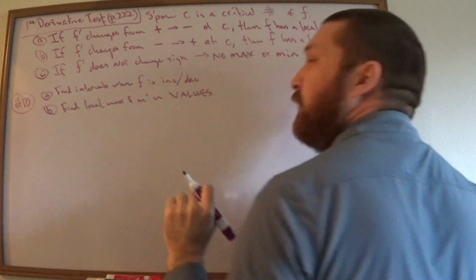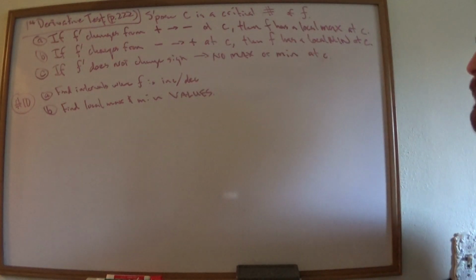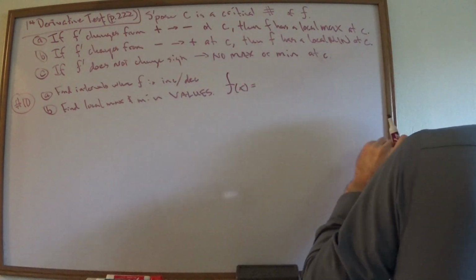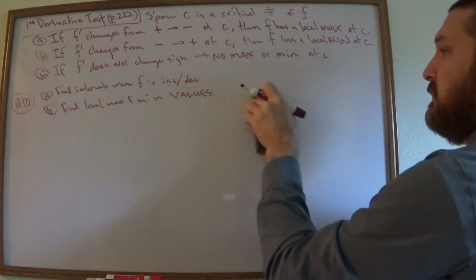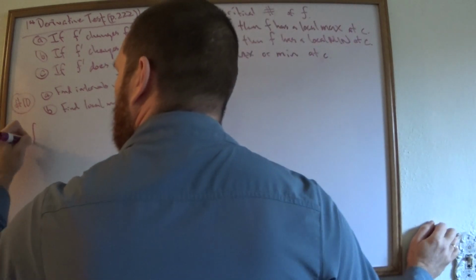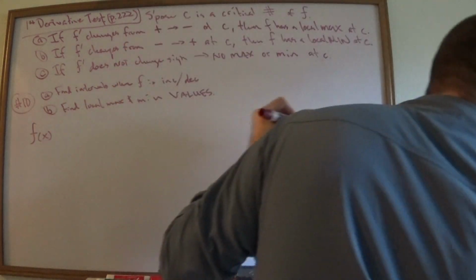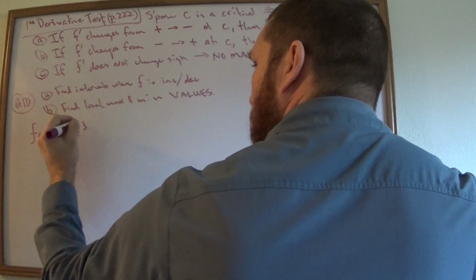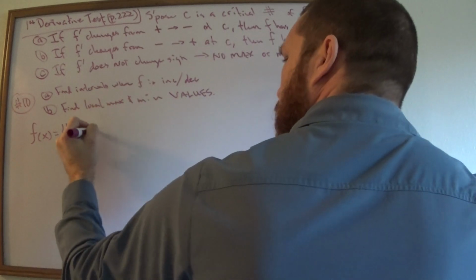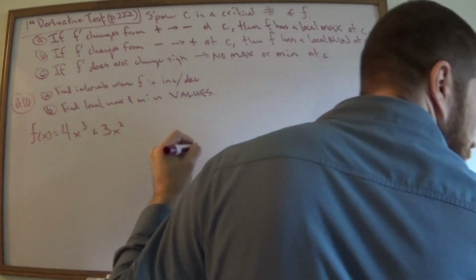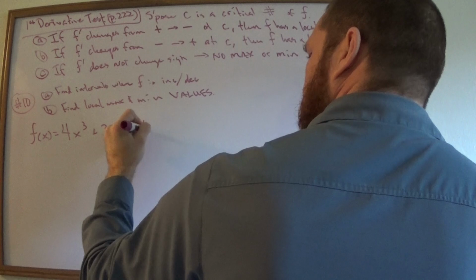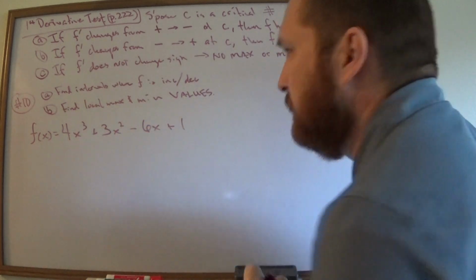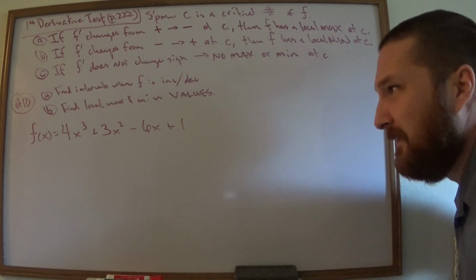So that means we're going to have to plug something in and find an output. But here we go. The given function is 4x to the third plus 3x squared minus 6x plus 1.